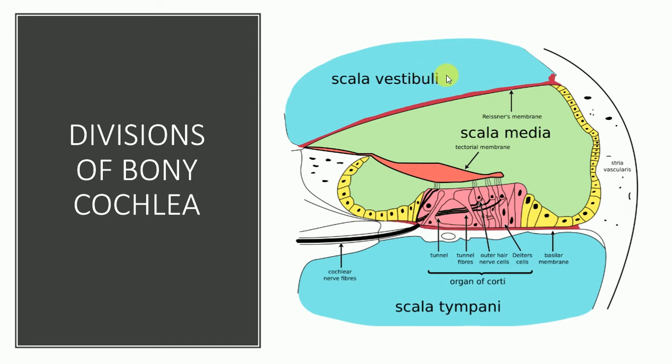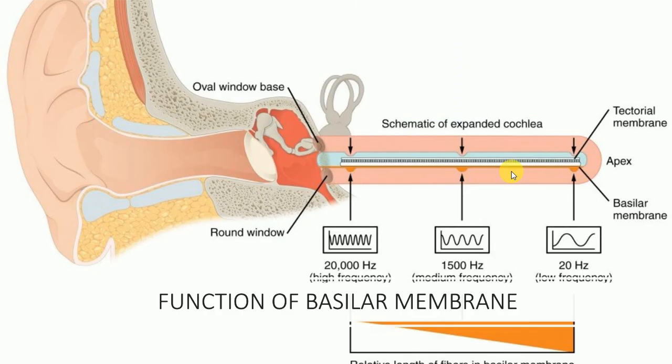Now, once the fluid-filled vibrations come into the scala media, let's see what they do. Here we have the basilar membrane. As we all know, we can perceive different types of sound, different frequencies, different pitches. There is a very special reason for that.